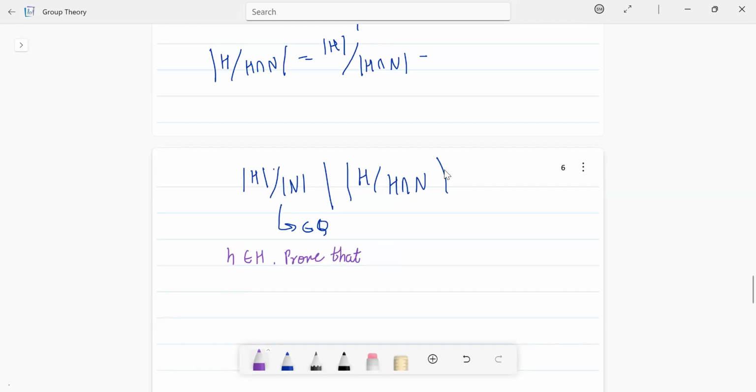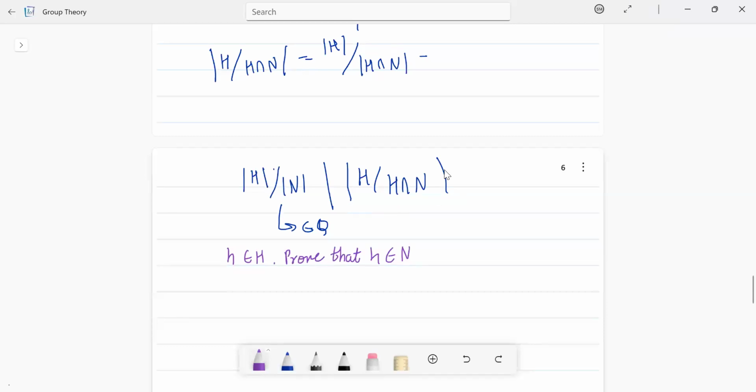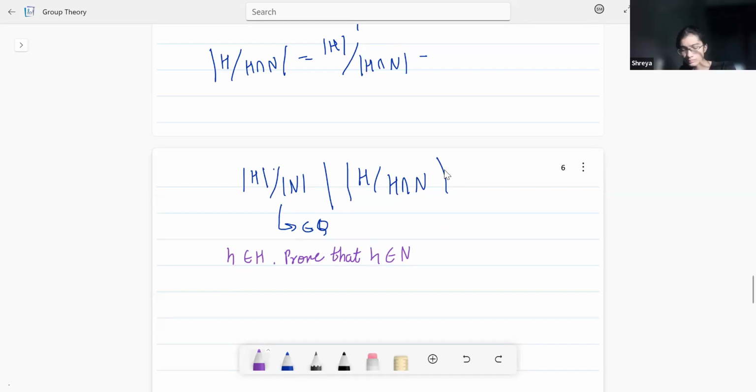Why can't we have a subgroup of H which is associated with that group? We can have this group on this. No, I'm saying, why can't we have a subgroup of G which works similar to G by N? How would you do something like that?